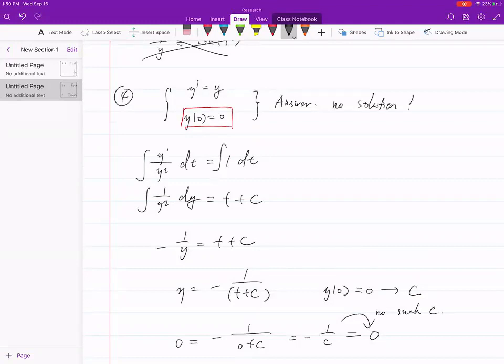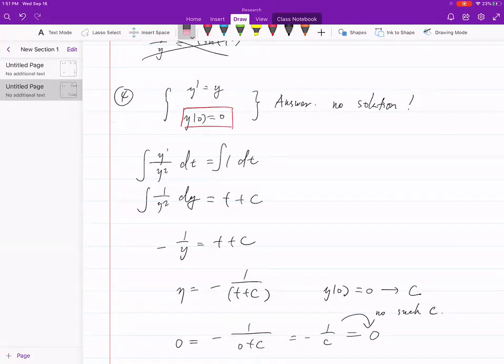Why? Because I solved for a general solution, and I find your differential equation and your initial condition cannot coexist. If I solve your differential equation, I got this, and I find this one can never happen. Therefore, there is no way I can find something that satisfies both at the same time. No solution. Make sense?